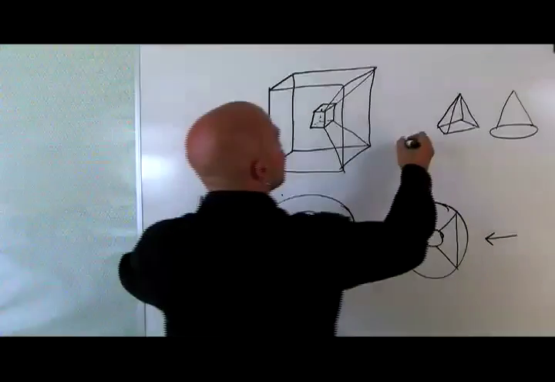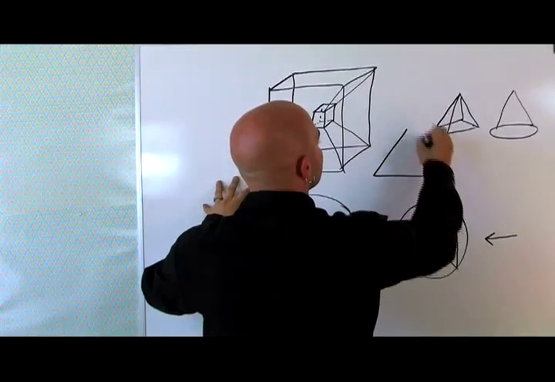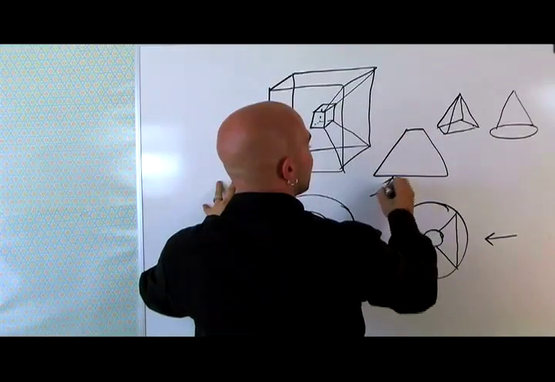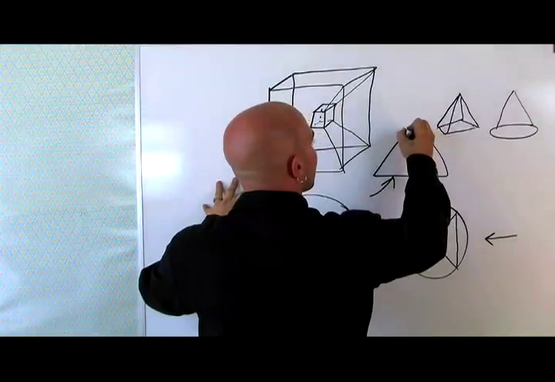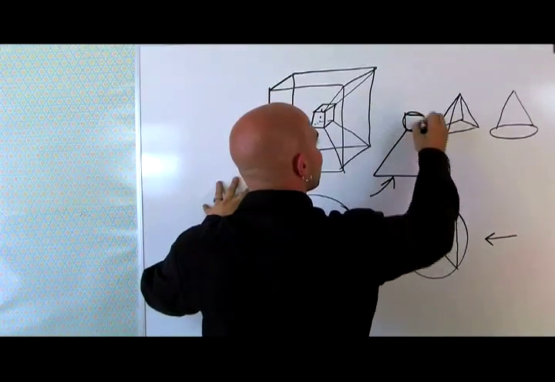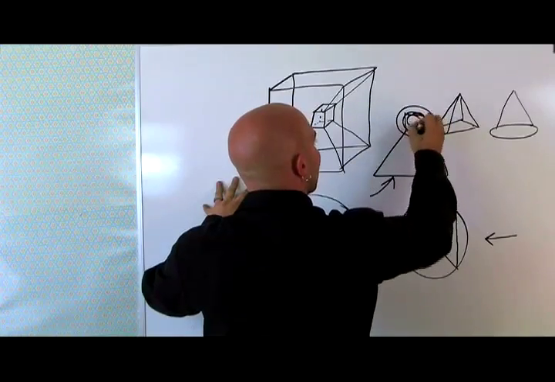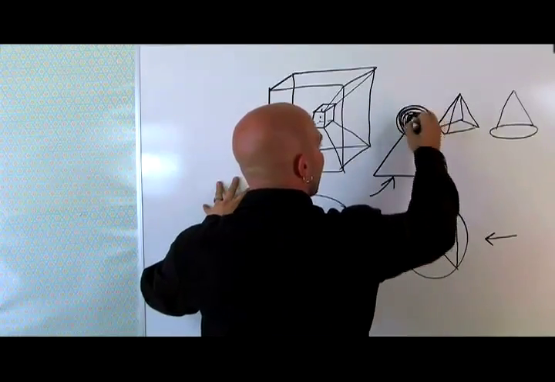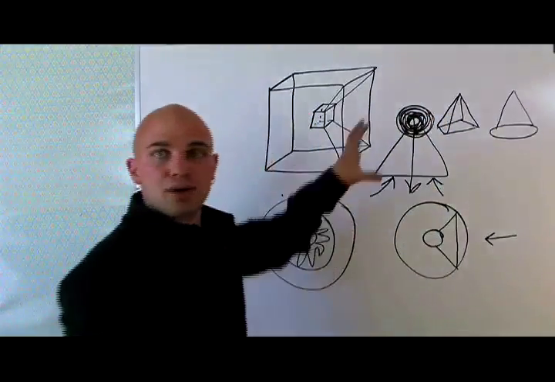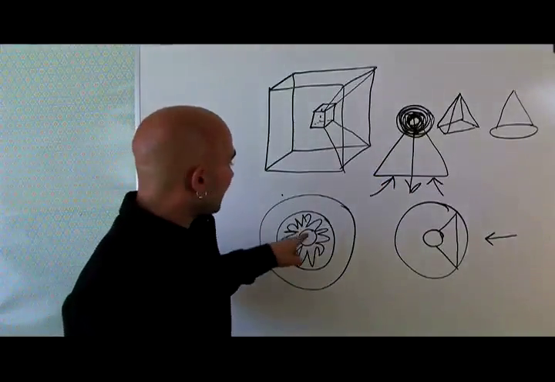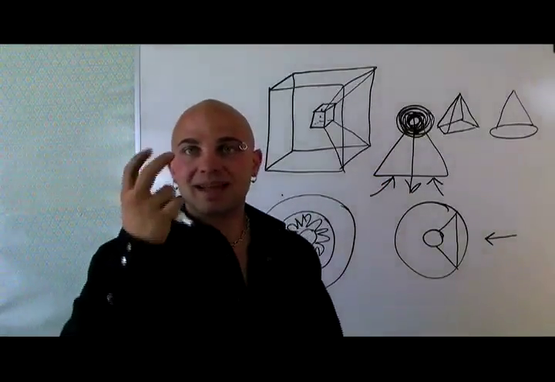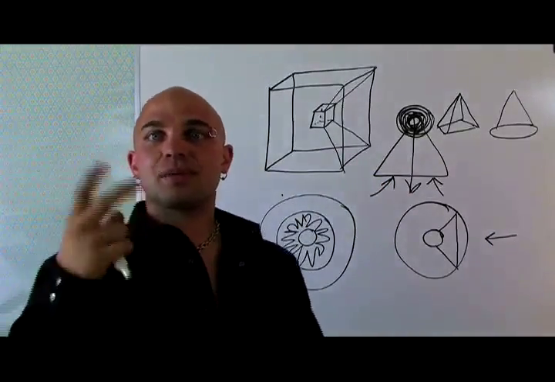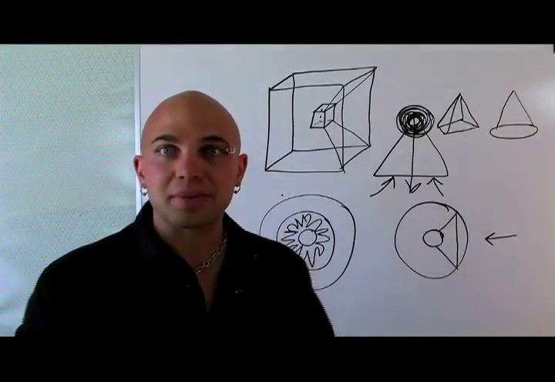Remember before when I said the capstone, as it sucks in energy, expands and contracts as it fills up with energy, and when it pulses that energy out, it contracts back down. Well, your pupil expands and contracts with the amount of light that's in the environment.